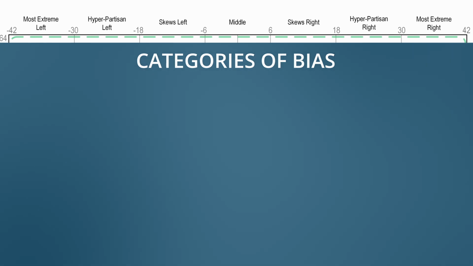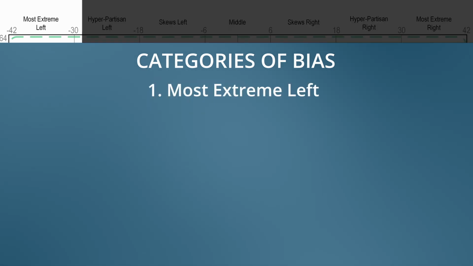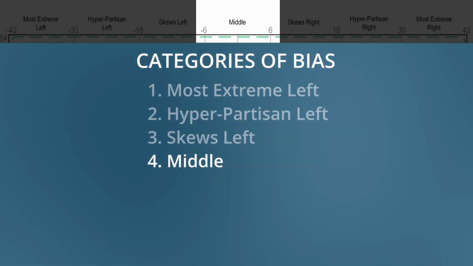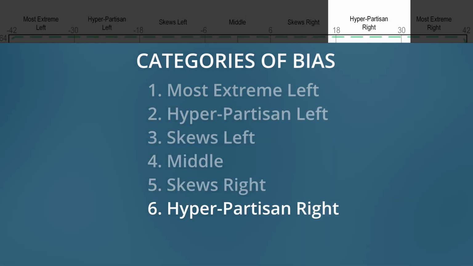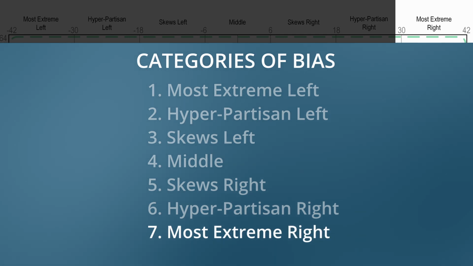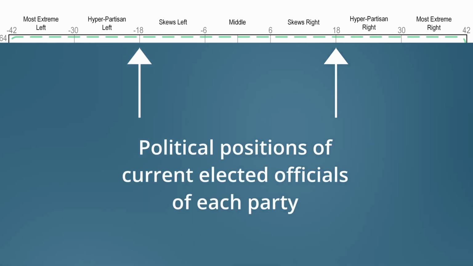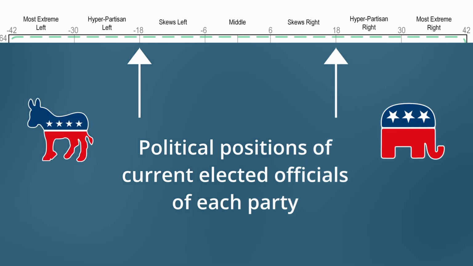The 7 categories of bias are most extreme left, hyper-partisan left, skews left, middle, skews right, hyper-partisan right, and most extreme right. The line between the skews and hyper-partisan categories reflects the political positions of current elected officials of each party: Democrats on the left and Republicans on the right.